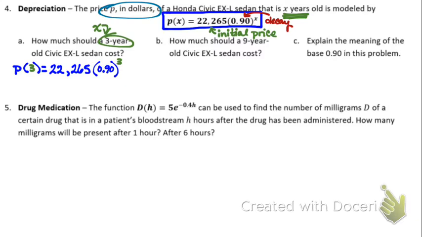Pop that in your calculator. We are going to round this to the nearest cent. I got 16,231 and 19 cents. Go ahead and do part B on your own.